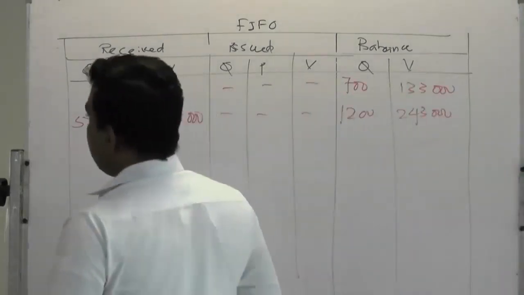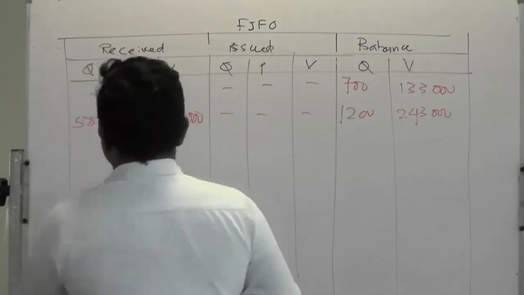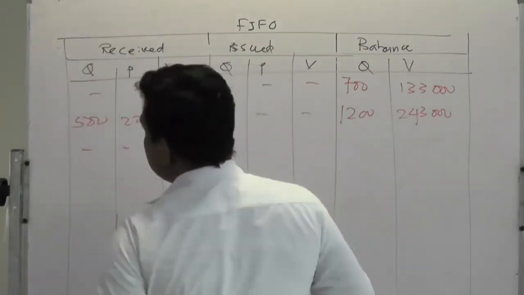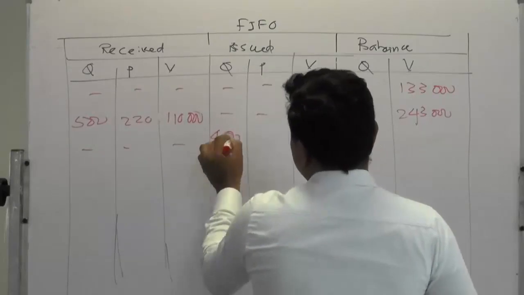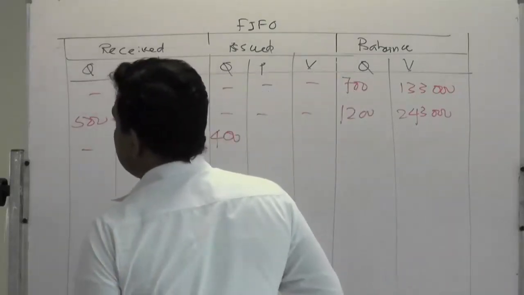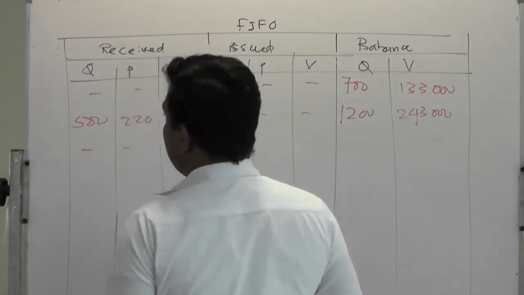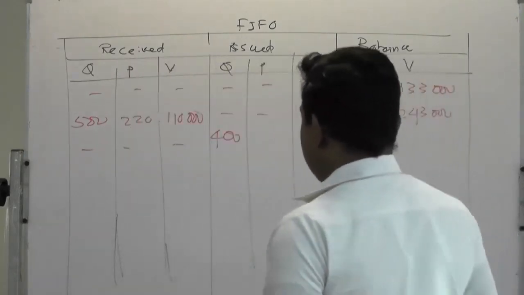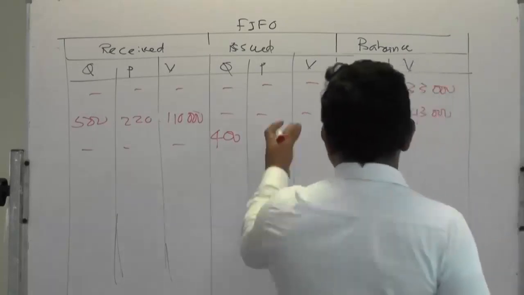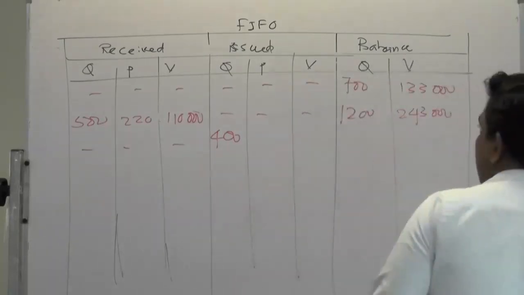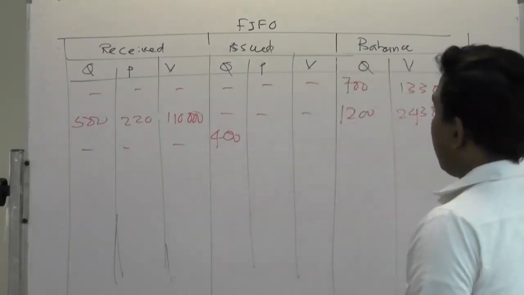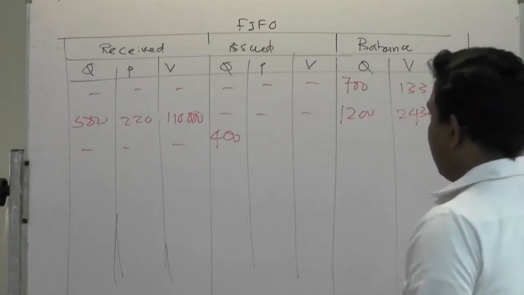Then November, you have sold 400 units, that is issued, 400 units sold for 160,000. Now you have to issue this amount from your ledger using FIFO method, first in first out.